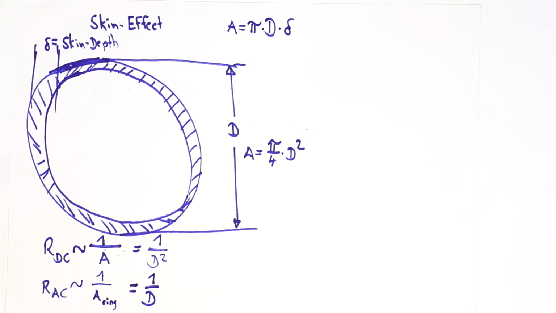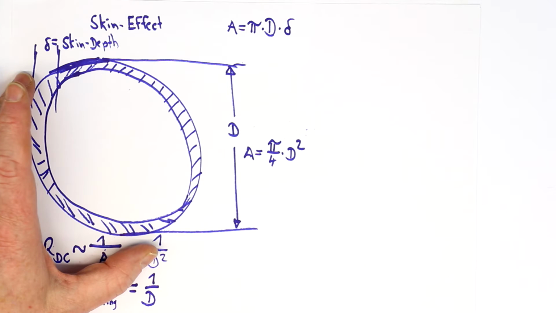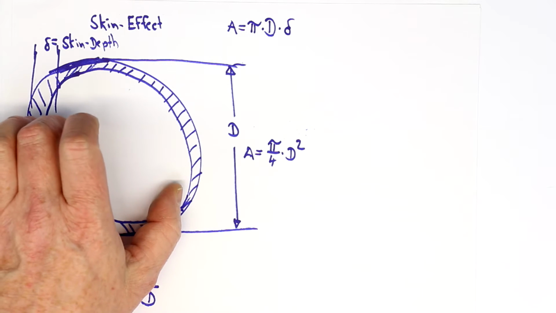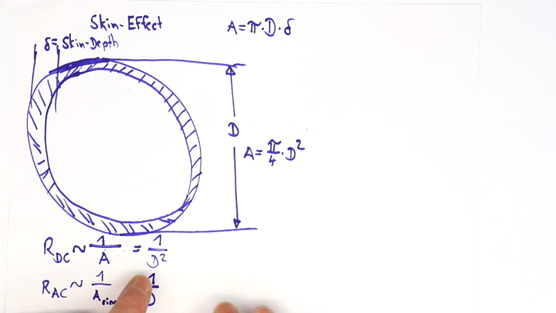So that means we can counteract the skin effect if we just, as in DC currents, enlarge the diameter, but now we have to enlarge it to very big diameters to get the same effect as with DC currents, because our resistance only decreases with 1 over d and not with 1 over d squared.